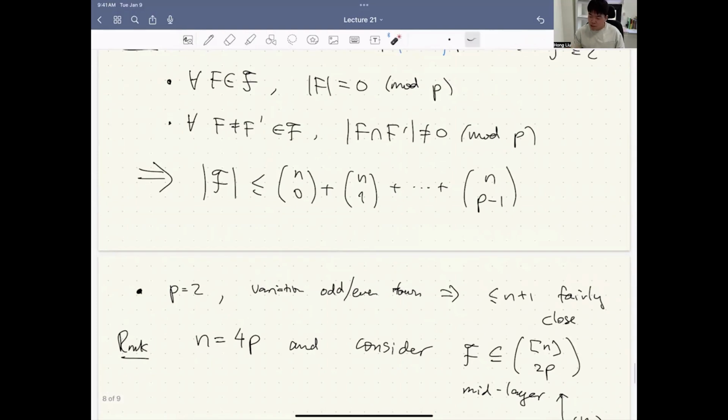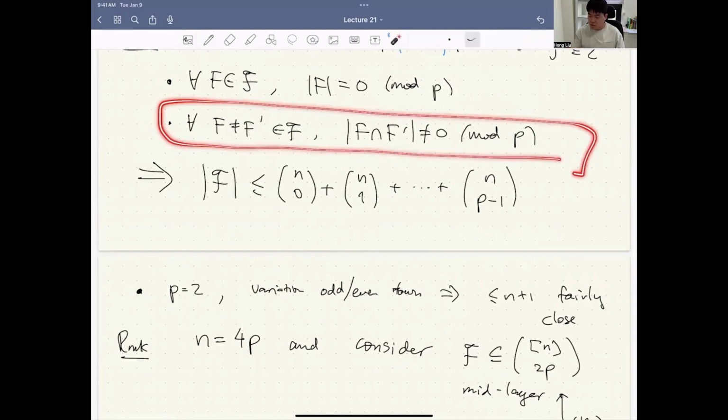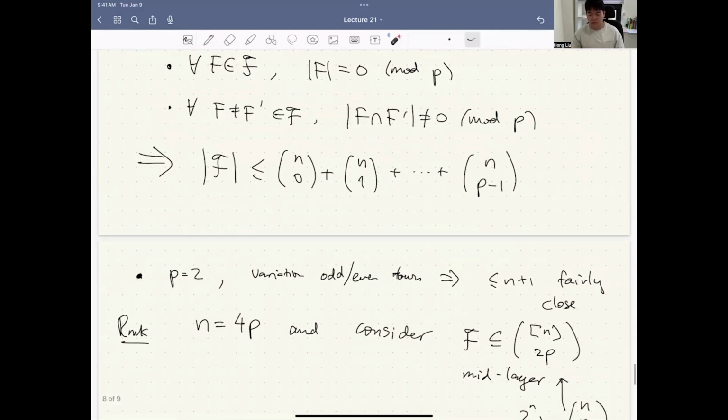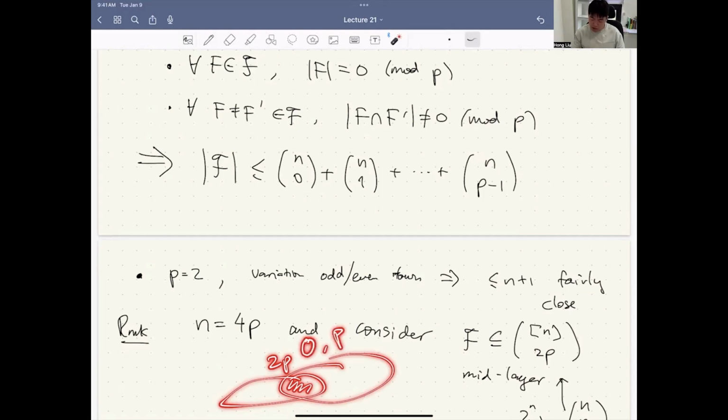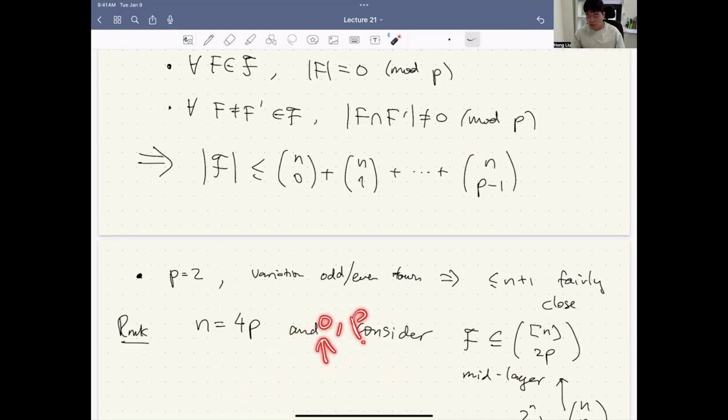Now we are forbidding a single intersection size. You don't want the intersection of two sets of size 2p to be 0. Being 0, then the only two possibilities are 0 or p. Okay? Here you say, okay, we are not forbidding a single one.